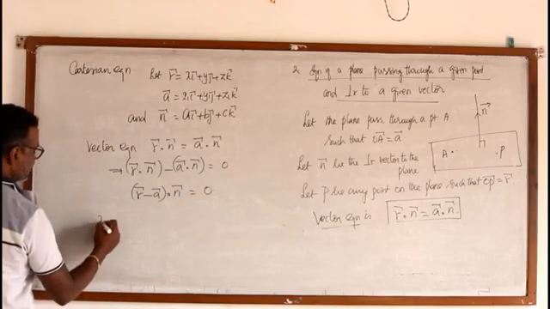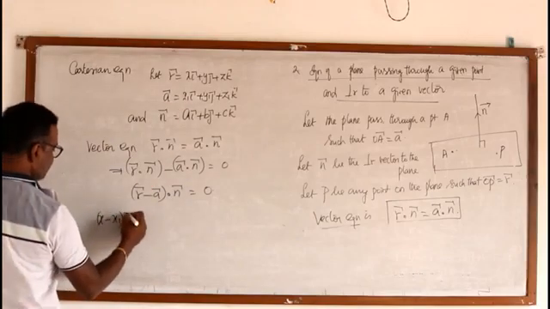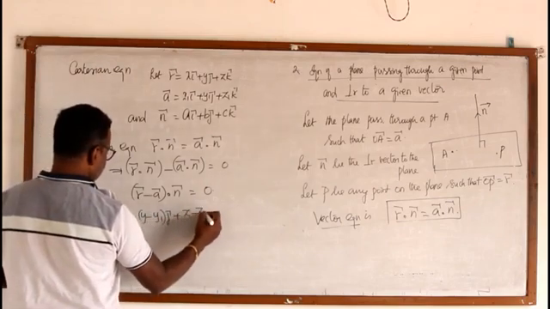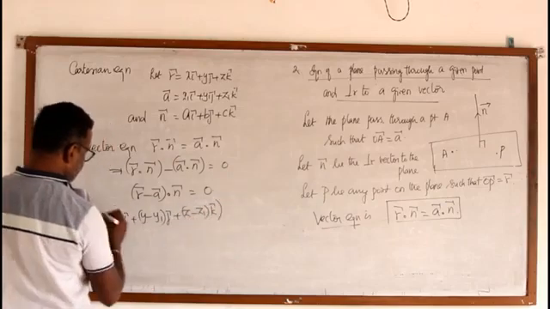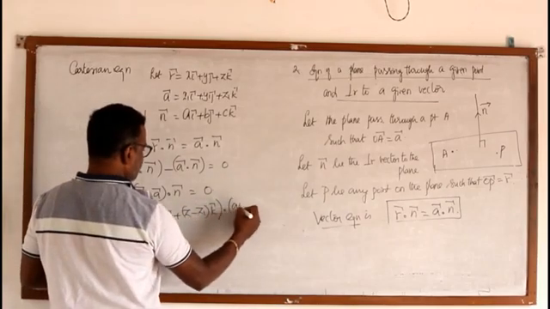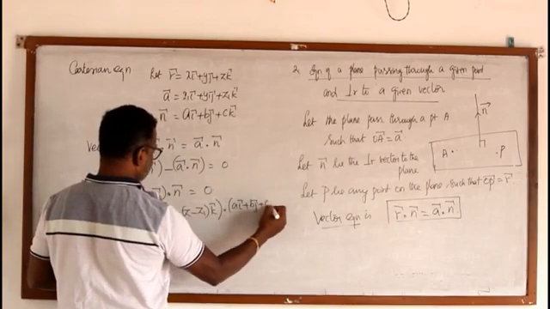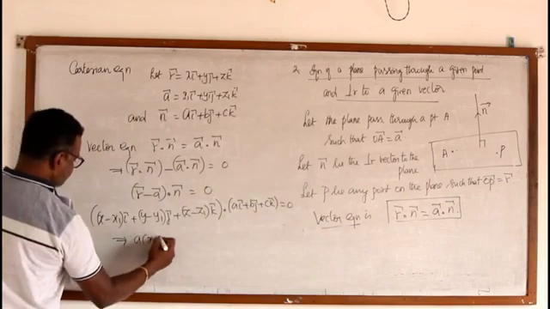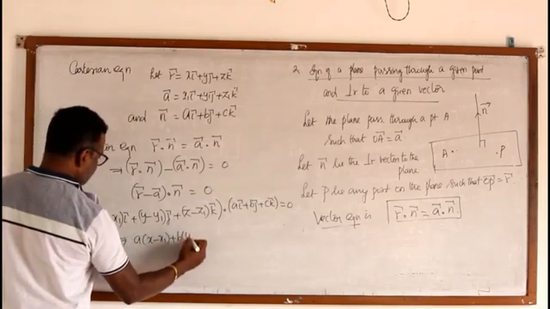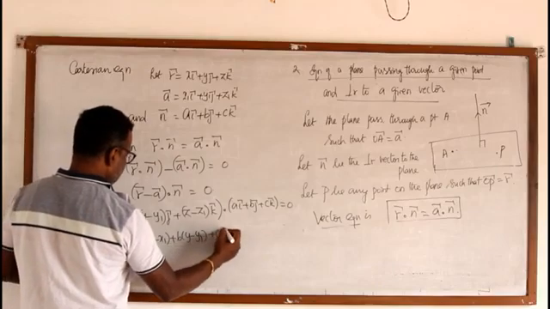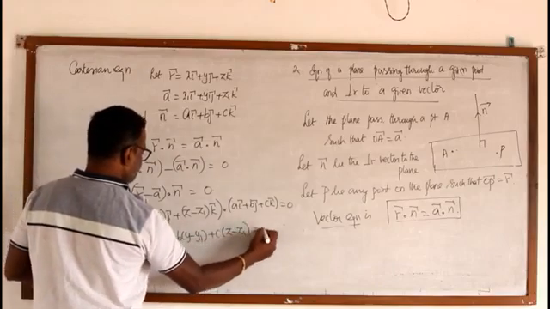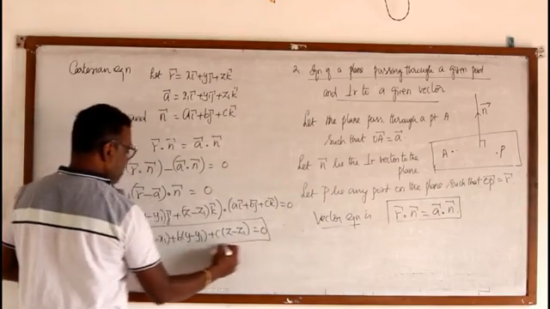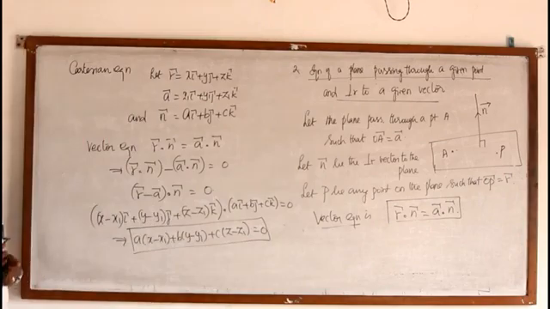Now, r minus a is (x minus x1) i, (y minus y1) j, (z minus z1) k, dot ai plus bj plus ck equal to 0. When I take the dot product, it's a(x minus x1) plus b(y minus y1) plus c(z minus z1) equal to 0. This is the Cartesian equation of a plane when a point and a perpendicular vector are known.